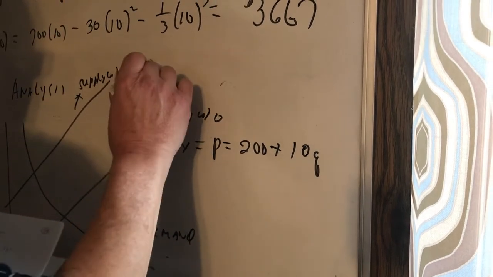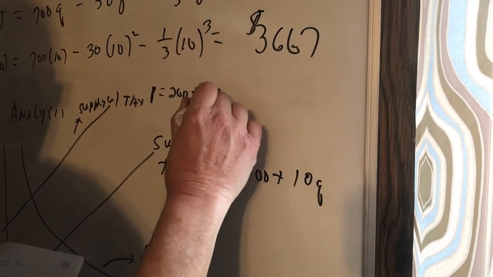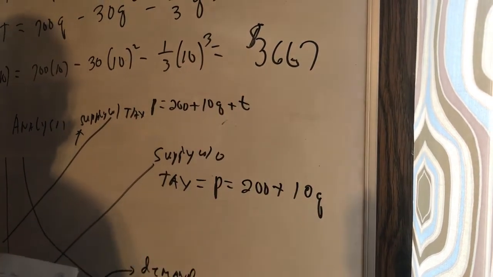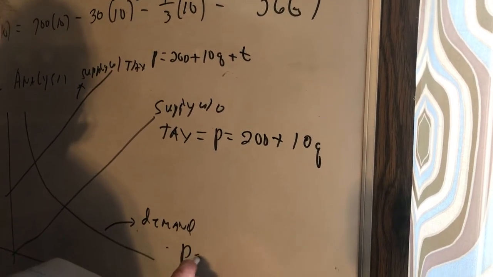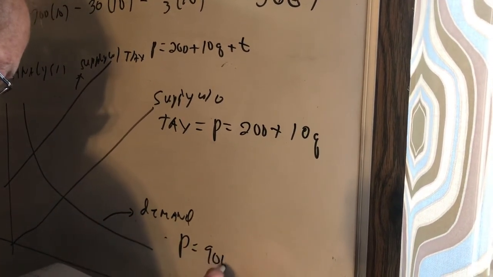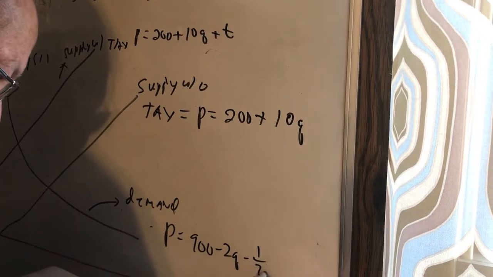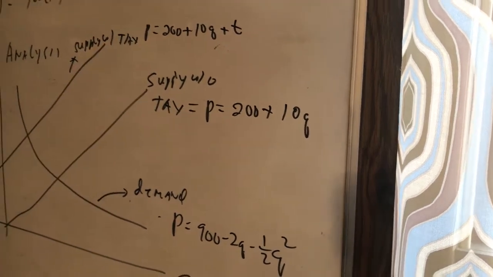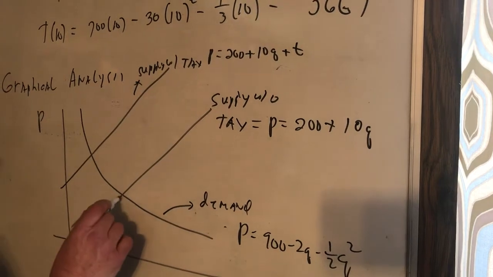Supply with tax is P equals 200 plus 10Q plus T. And demand was P equals 900 minus 2Q minus 1/2 Q squared. So we have a demand function and a supply function.